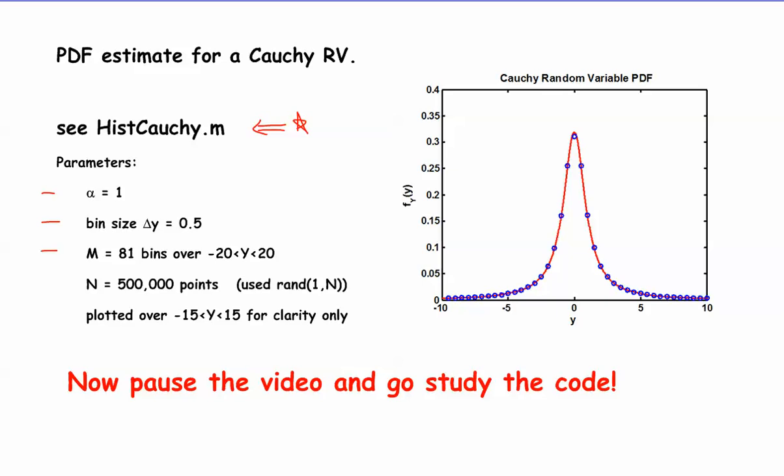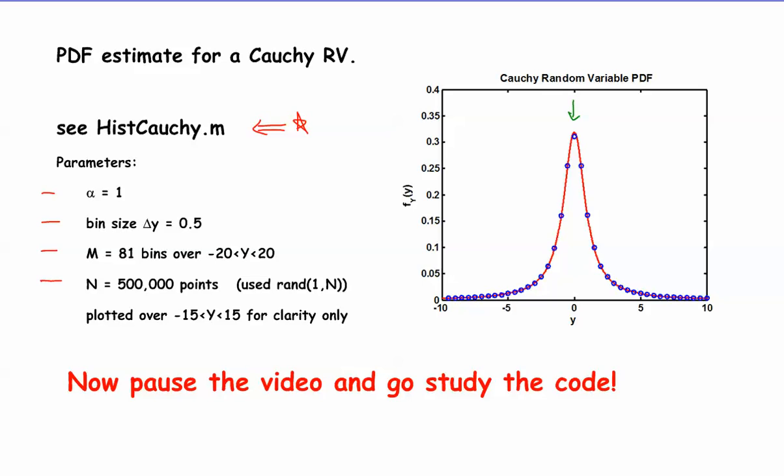I ended up using 81 bins over a range of minus 20 to 20. Sometimes you end up with an odd number of bins if you are interested in a symmetric probability density function, which includes a bin right at 0. So it's 40 bins to the left of 0, 40 bins to the right of 0, and 1 right at the origin. A lot of times you end up with an odd number of bins when you straddle the origin.